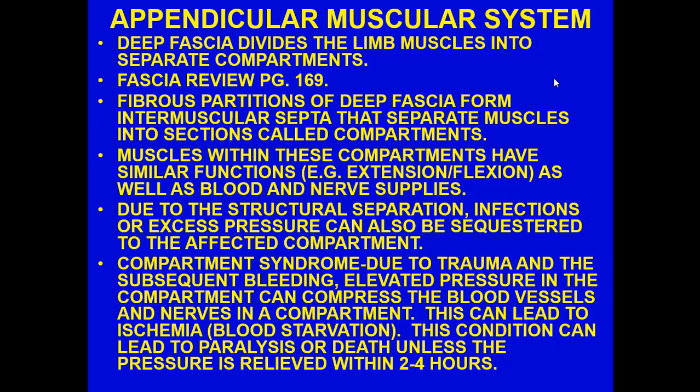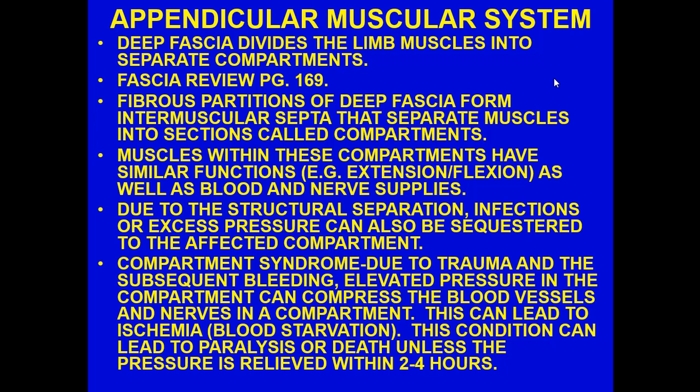And they separate muscles into sections called compartments. Muscles within these compartments have similar functions, in other words, either extension or flexion, etc., as well as the blood and nerve supplies. So it's almost like they are separate organs separated from the surrounding other muscle organs by this fascia barrier.